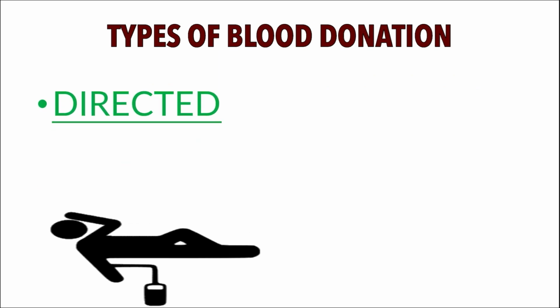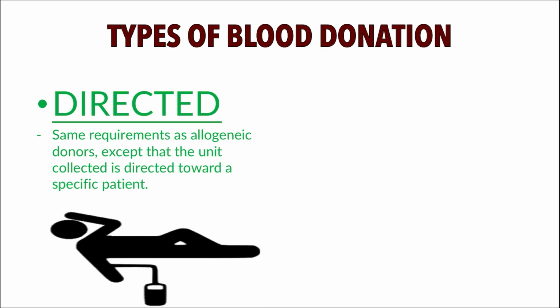Next, for types of blood donation, we have directed donation. These have the same requirements as allogenic donors, except that the unit collected is directed toward a specific patient. For example, Mr. X is the donor for Miss Y. That's directed. Most of the time, guys, it's the folks of the patients who will look for blood donors, so the donors already know who the patient is.